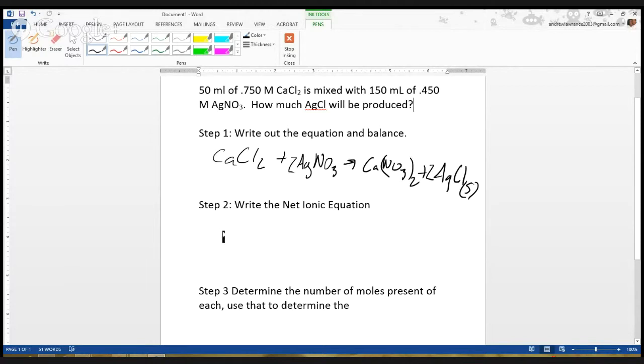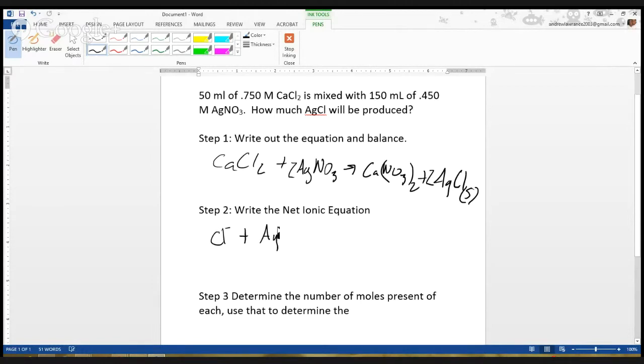So I'm going to go ahead and do my chloride ions plus silver ion yields AgCl. Now, from my equation, I know that this is actually going to be 2, 2, 2, but it still works out to be the same here. 2 to 1 to 2. Okay.